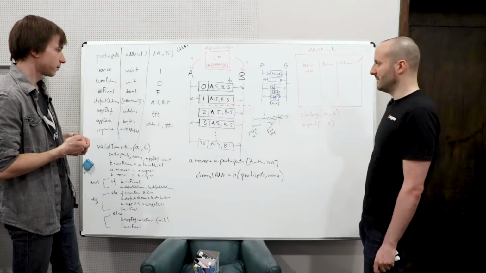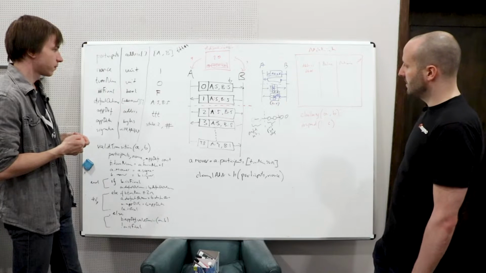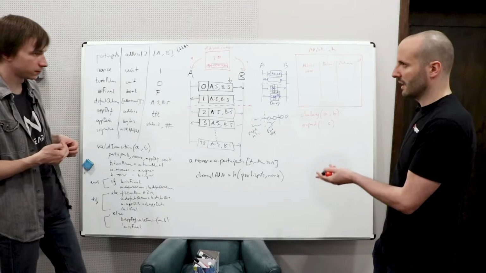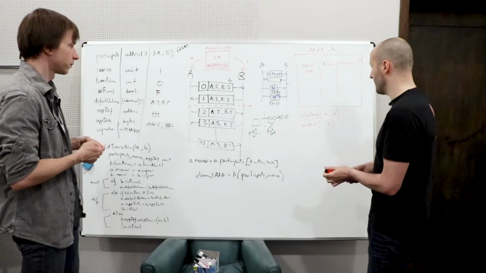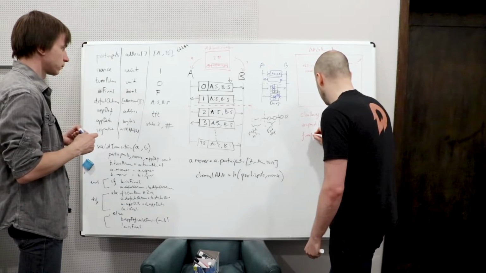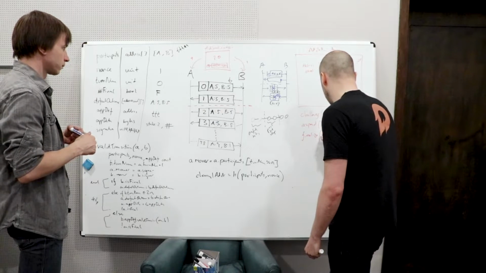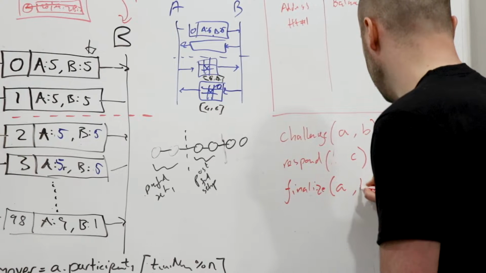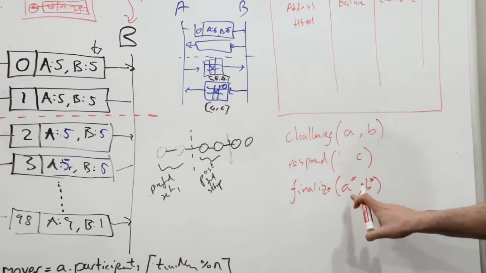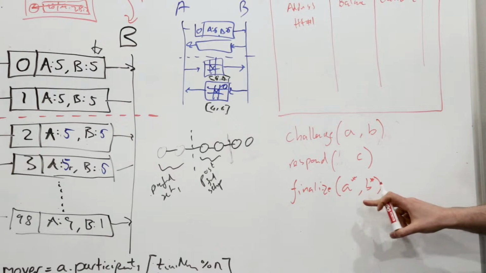Cool. I wonder what I should talk about next. Maybe we should do the finalize stuff. So we've got another thing here: Finalize A, B, and I'm going to put stars here to say that these are states where is final is true.